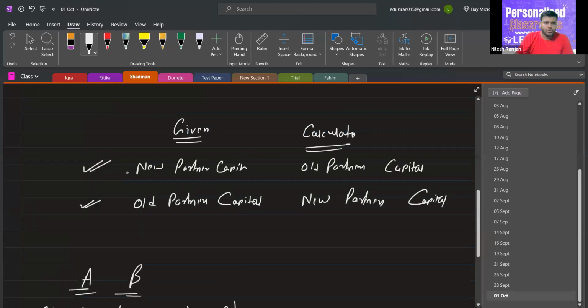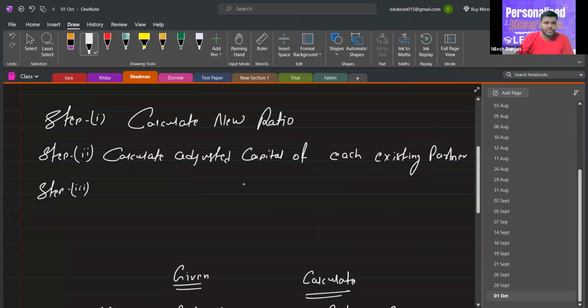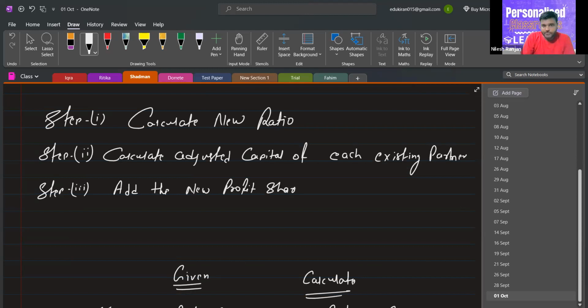Now, the first thing is to calculate the new ratio. The second is to calculate the adjusted capital of each existing partner. Now add the new profit share of all existing partners.